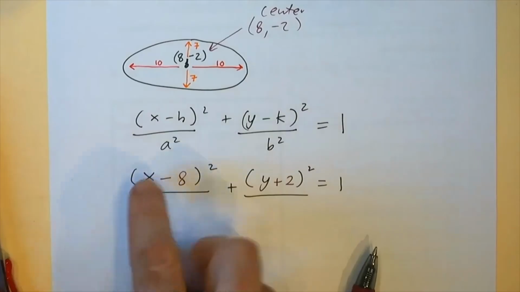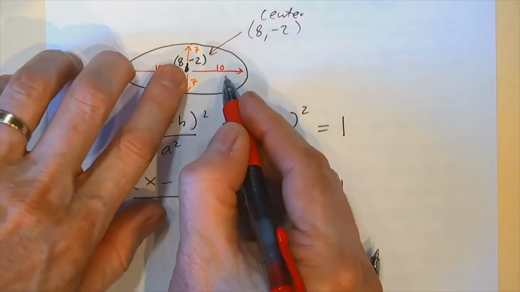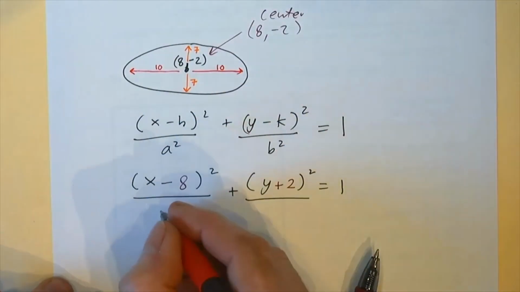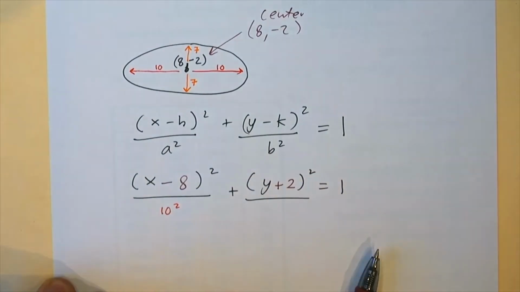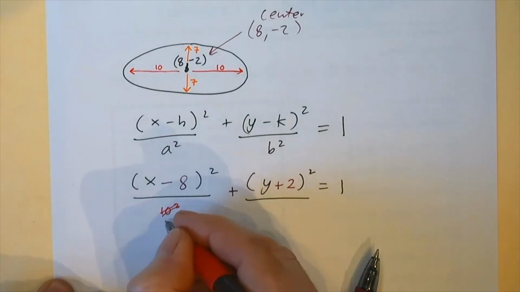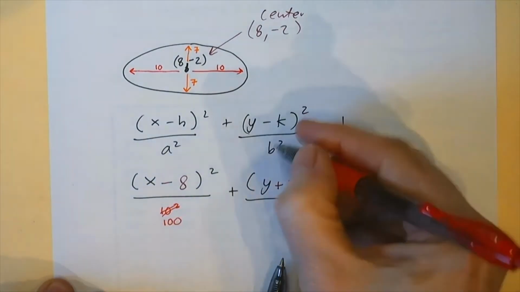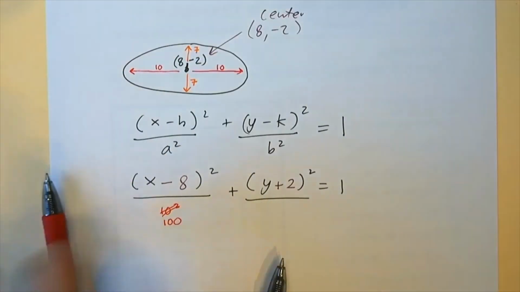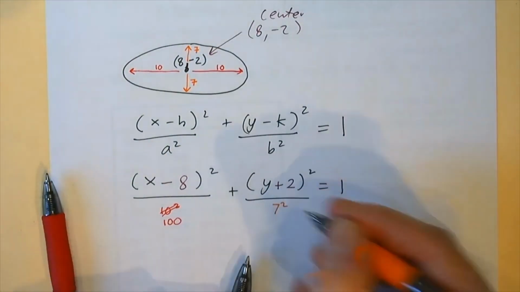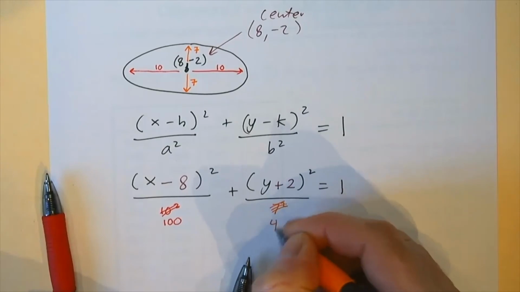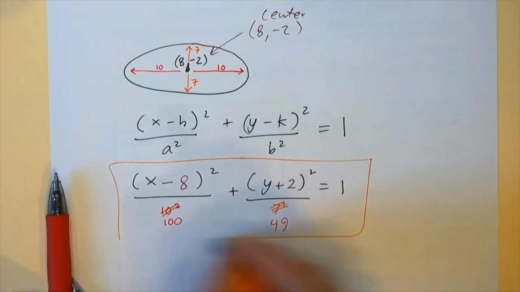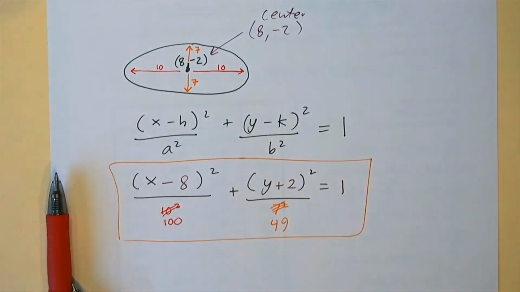Now let's look at the x direction. The x goes 10, but you got to square it. 10 squared. Some people just leave it, but let's write 100. And the y is 7, so we would put 7 squared. Well, let's just change that to 49. And there you go. Ta-da!